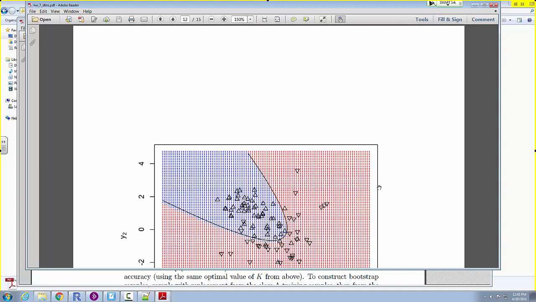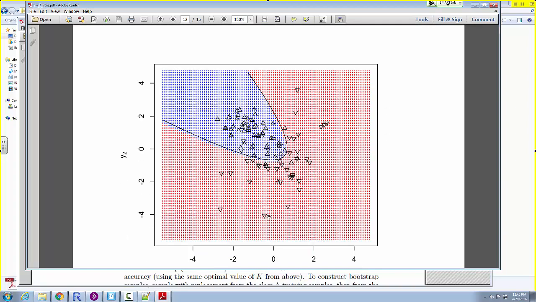If we look back at the QDA model, all the downward pointing triangles should be red. They should be classified as red because that was their true status. All the upward pointing triangles were really blues. So let's say it's PSA and age. All the upward triangles were prostate cancer. All the downward triangles were not.